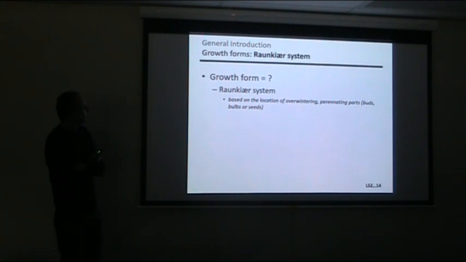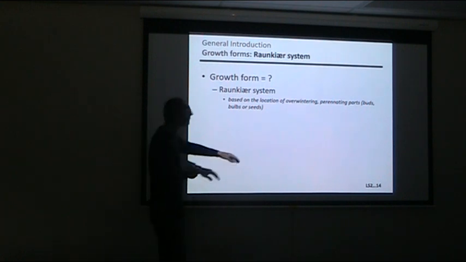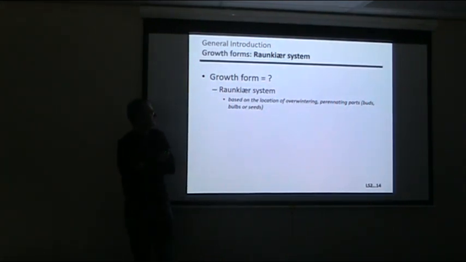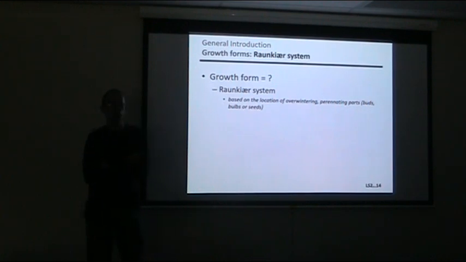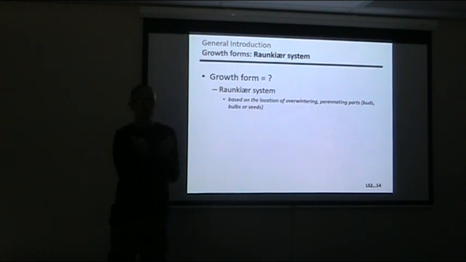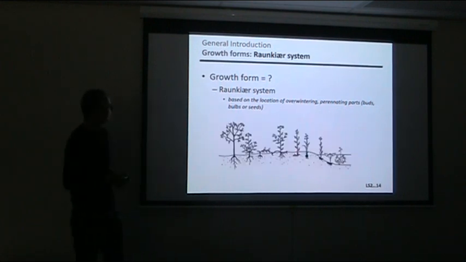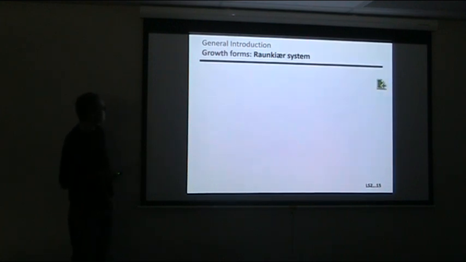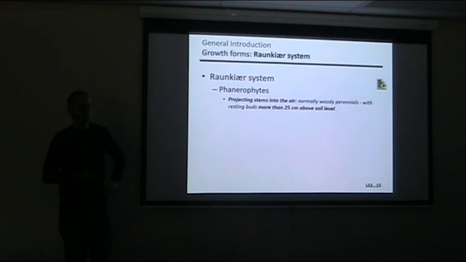This is the location of the overwintering and perennating parts. So where the growth points are kept in the off-season, the non-growth season. This is the system that Raunkiaer developed. And he has phanerophytes, which is what you would call your trees.